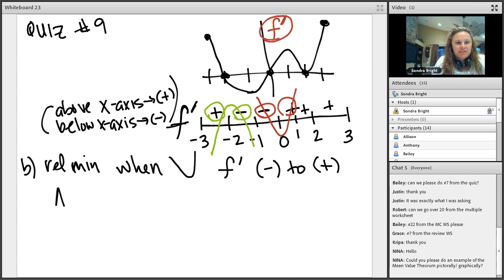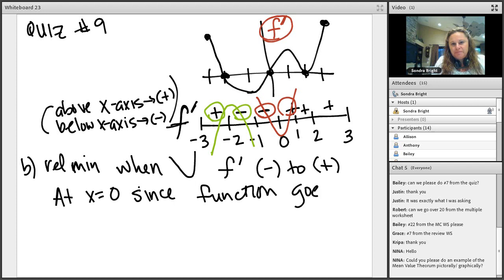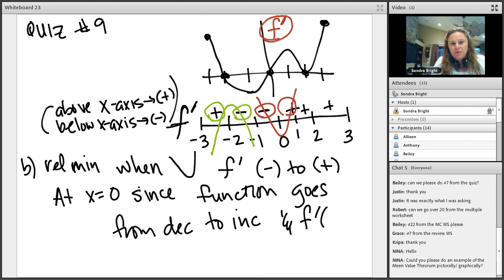Your relative minimum is at x equals 0 since the function goes from decreasing to increasing, and your derivative at 0 is 0. So 0 is a critical point since f prime of 0 is 0, and also your function is going from decreasing to increasing because the slope, or f prime, is going from a negative to a positive.